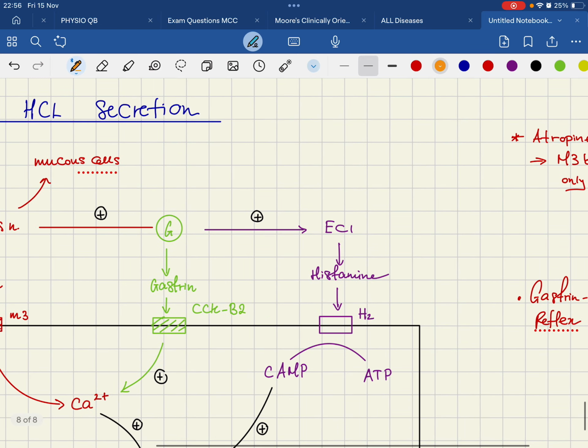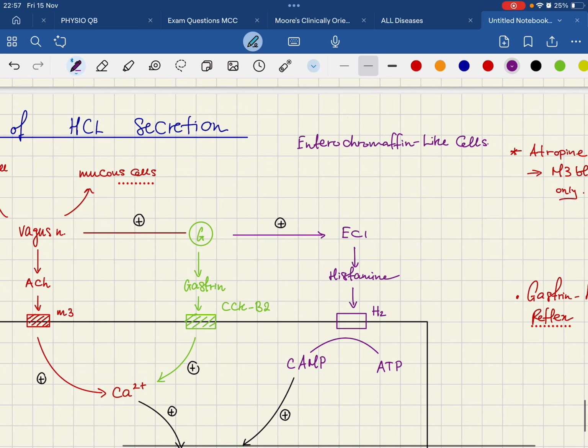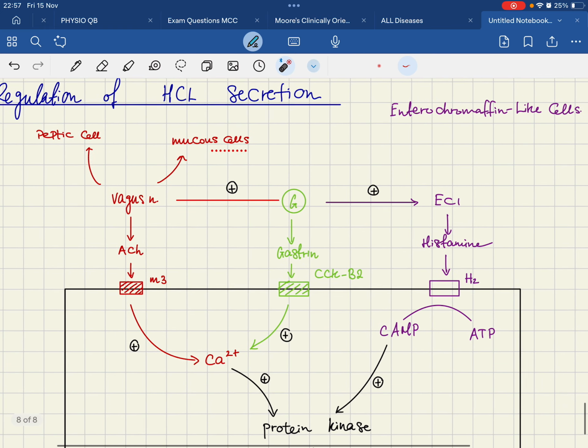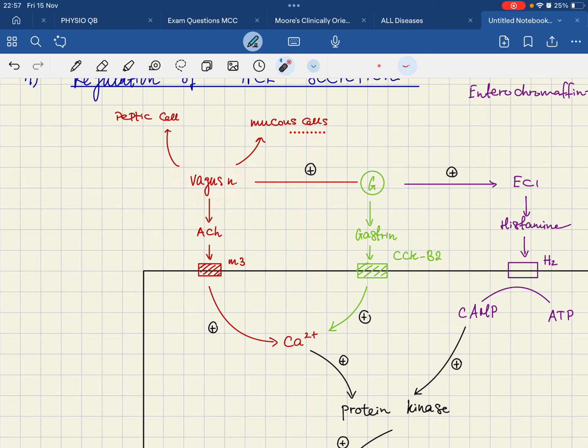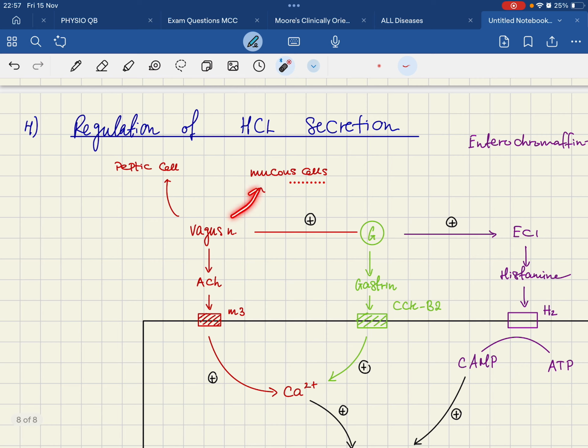So let me write it. Enterochromaffin-like cells. So what will happen here? First of all, let's talk about the vagus nerve. Upon stimulation, the vagus nerve will stimulate the mucus cells, which will form mucus, and then peptic cells, which will form pepsinogen.